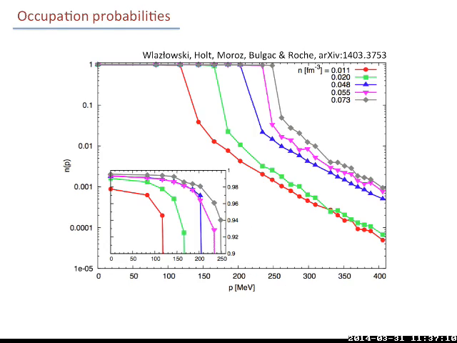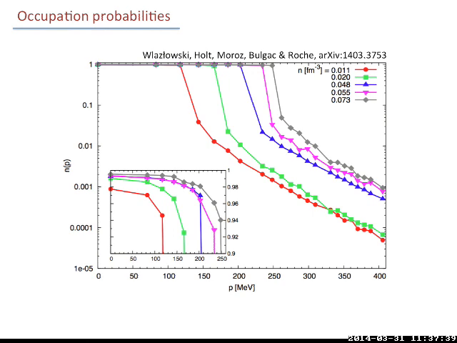Here are some occupation probabilities that we calculated. As you might expect, since the evolution potential gets weaker and weaker as we go to higher and higher densities to account for repulsive three-body forces, this depletion at low momenta becomes weaker and weaker as our evolution potential becomes correspondingly weaker.